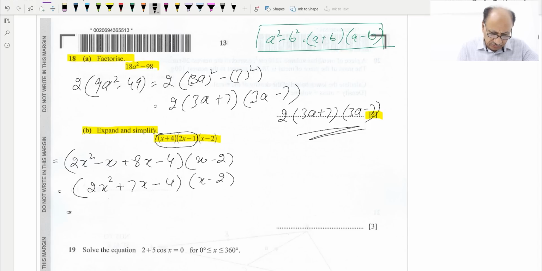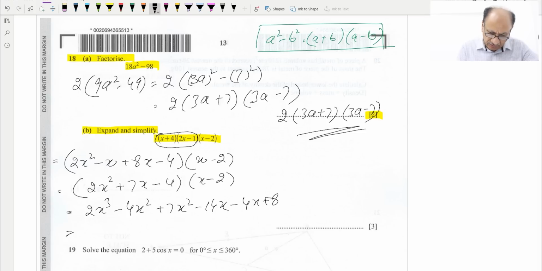This is simple. You need to multiply 2x square into x, which will be 2x cube. 2x square multiplied by minus 2 will be minus 4x square, then 7x into x will be plus 7x square, then 7x into minus 2 will be minus 14x, then minus 4 multiplied by x will be minus 4x, and minus 4 into minus 2 will be plus 8.